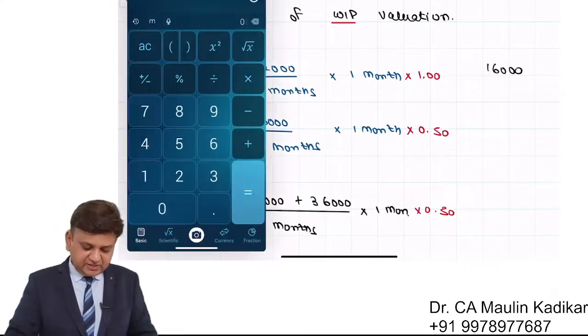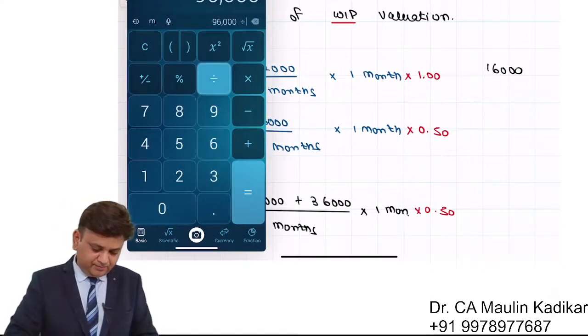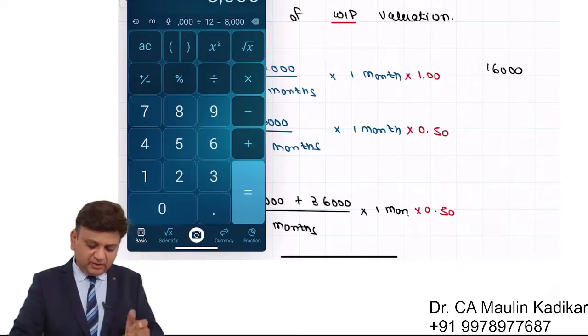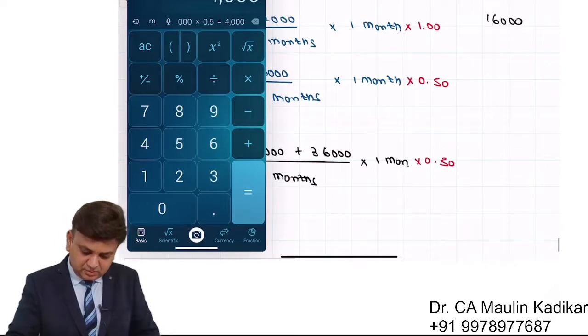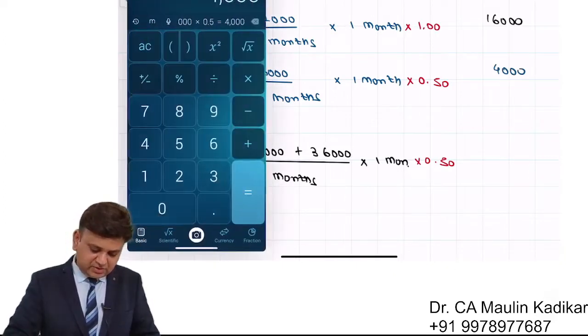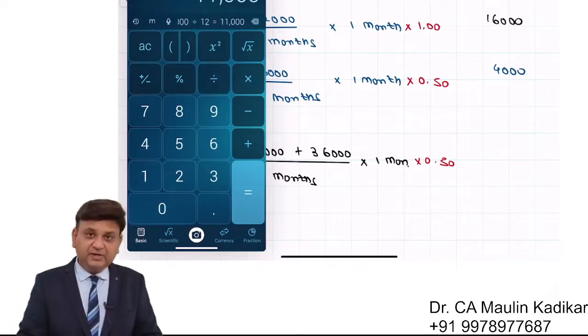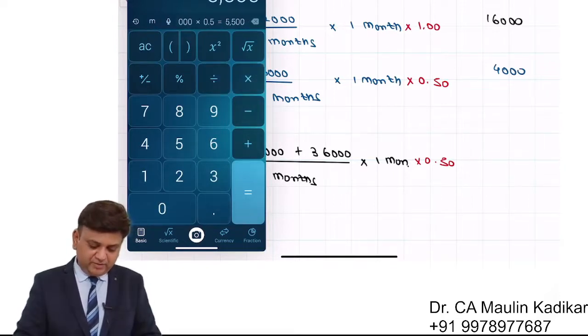So for direct wages it is 96,000 divided by 12 into 1 into 0.5. That comes to 4,000. Then 96 plus 36, 132 divided by 12 into 1 into 0.5.